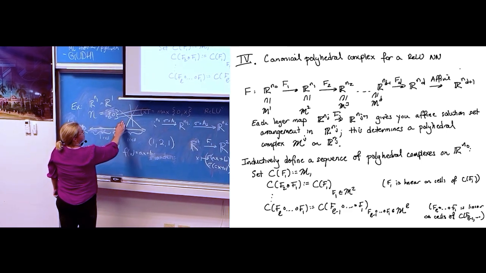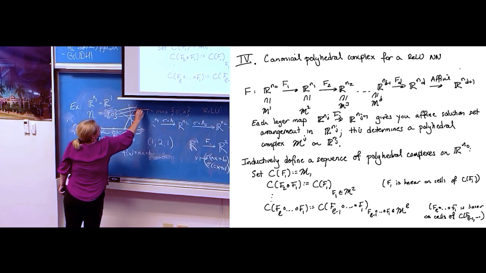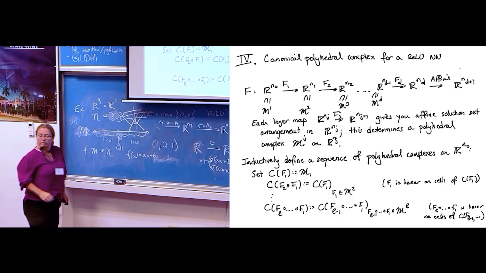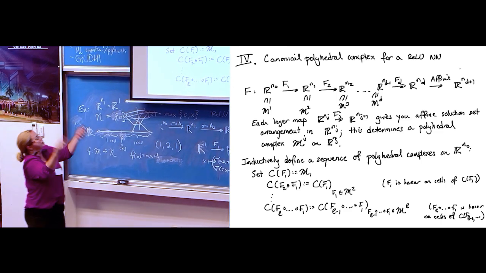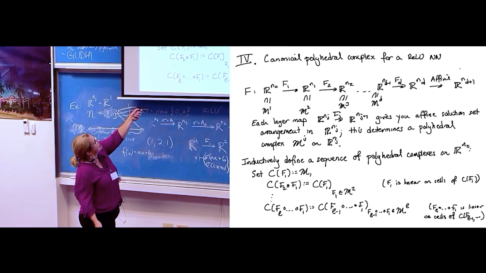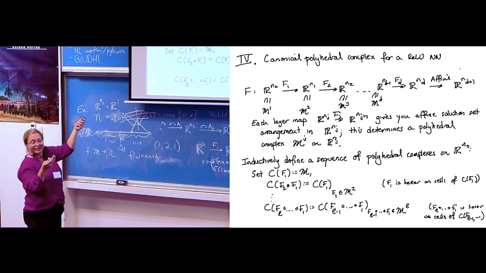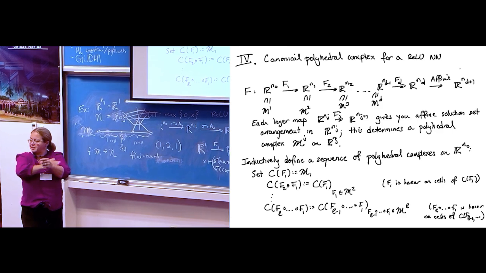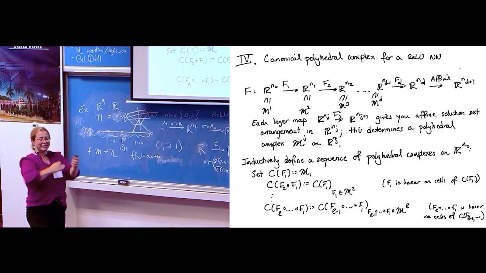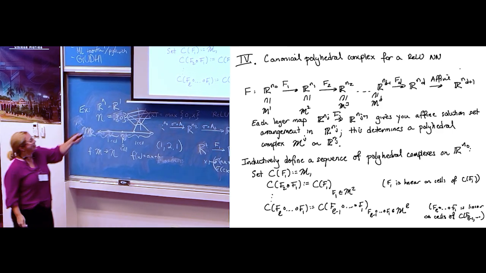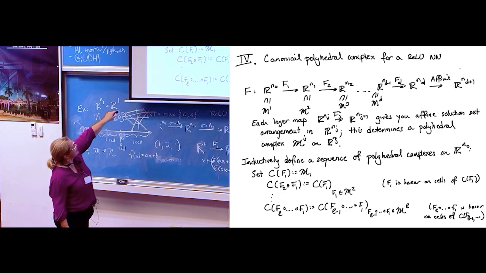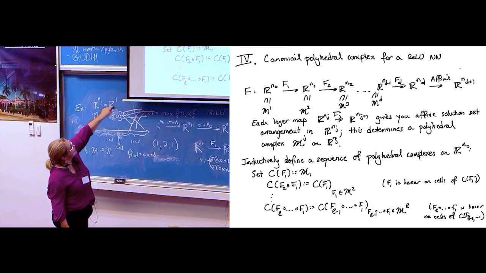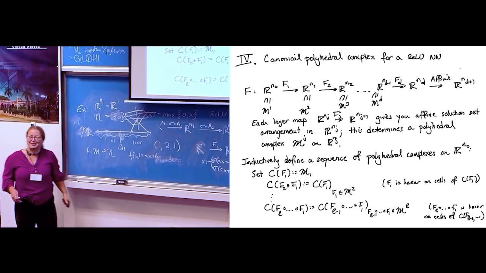So if this was my M1, maybe now I get M2. I pull it back, and then I take this complex and take its preimage all the way back here. Each time I chop up the space using all the possible ways to chop it up. That's what this is inductively defining. You take M1, you pull M2 back, and then you make that into a complex. And then inductively, you pull all the things back and you make a complex.